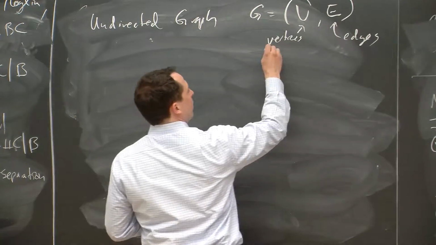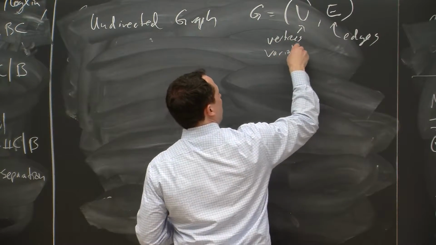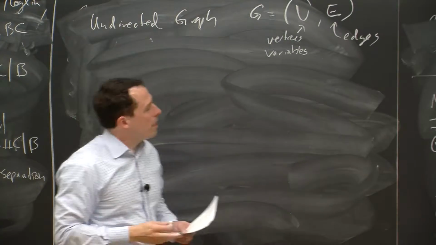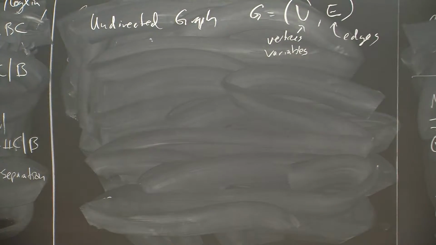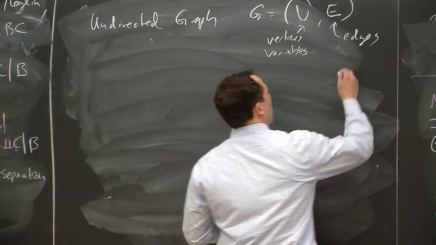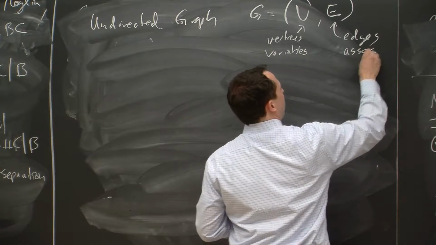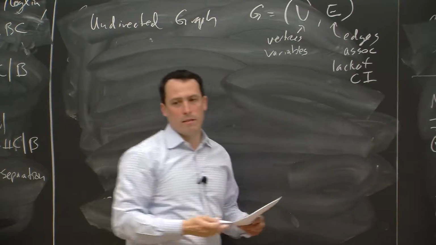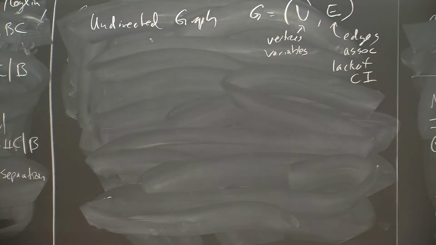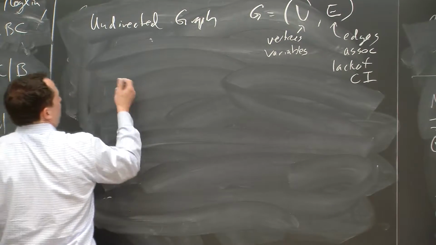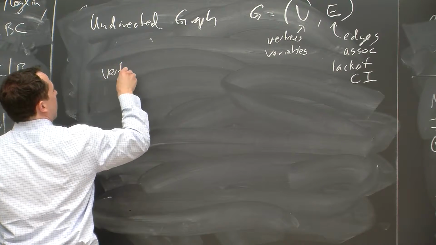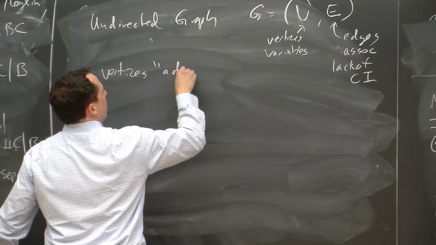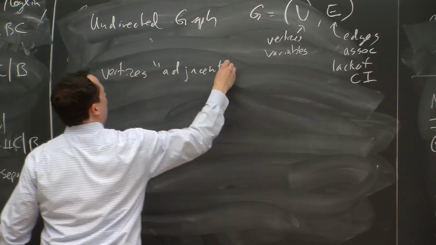And for us, these vertices will correspond to variables. And what the edges mean is a little bit subtle. You should think about this as being an association, or more precisely, a lack of conditional independence. The absence of an edge indicates a conditional independence. And vertices are adjacent if they have an edge between them.